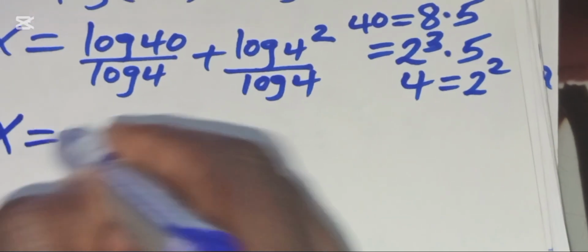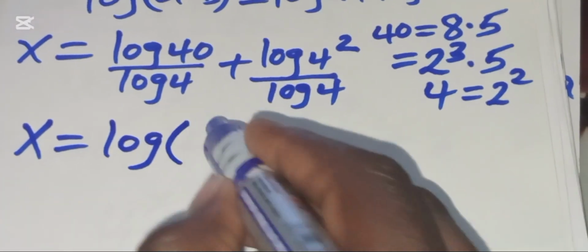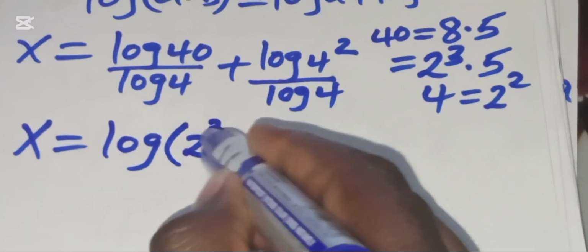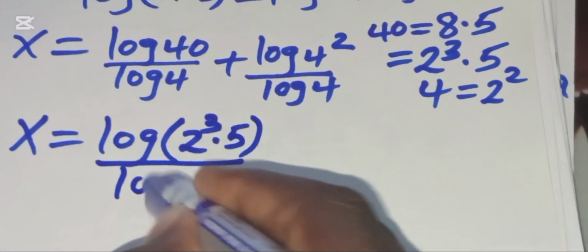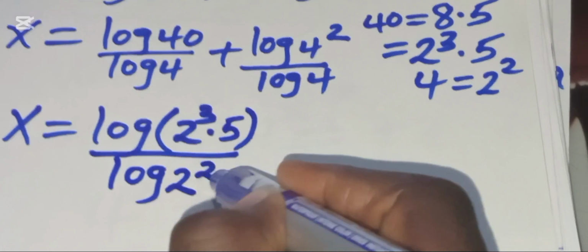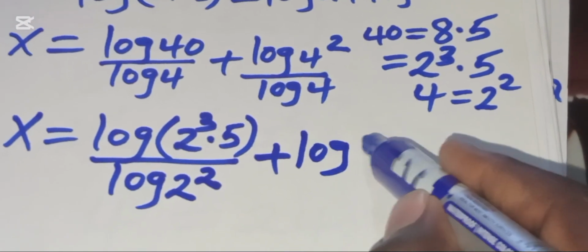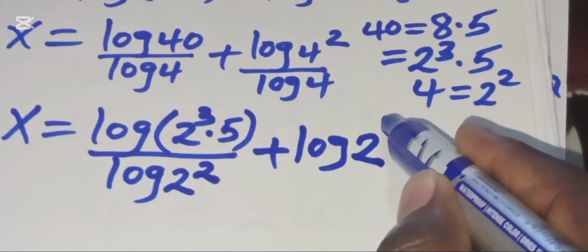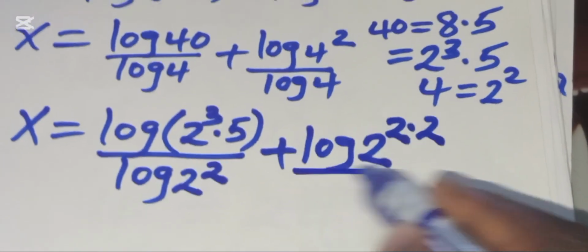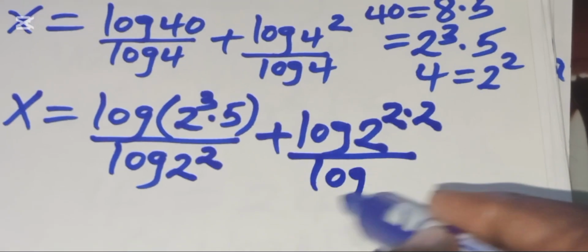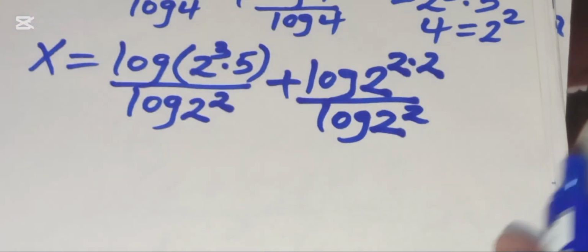So x is equal to log of 2 to the power 3 multiplied by 5, divided by log 2 to the power 2, plus log of 2 to the power 2 multiplied by 2, divided by log 2 to the power 2. I hope you're following.